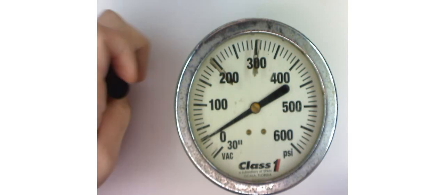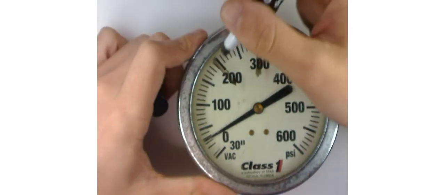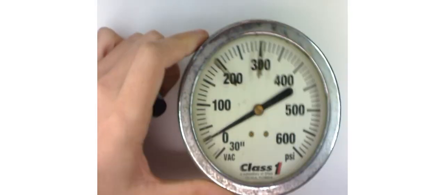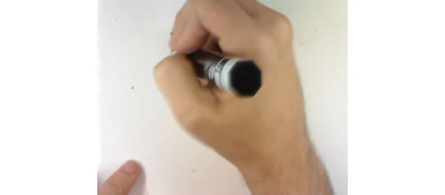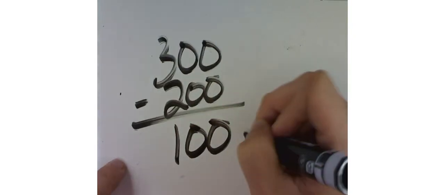So we have 10 spaces that we need to spread across, and it's from 200 to 300 that we have 10 spaces. So what we do is from 300 to 200, we're going to find the difference. We're going to find that range. So that range in this one is 100. And we have 10 spaces to spread that across.